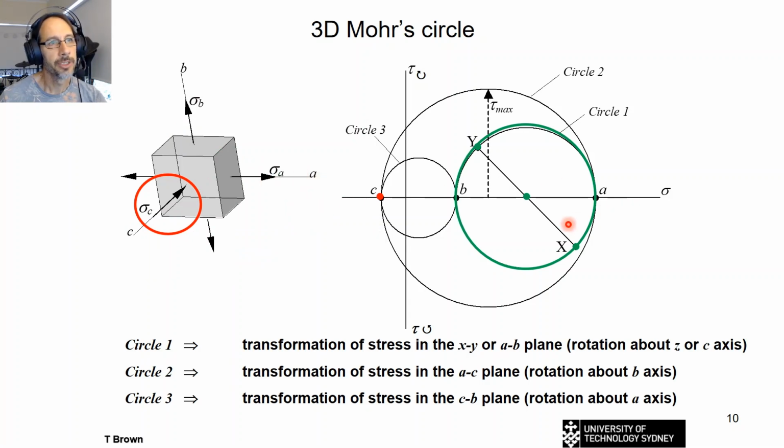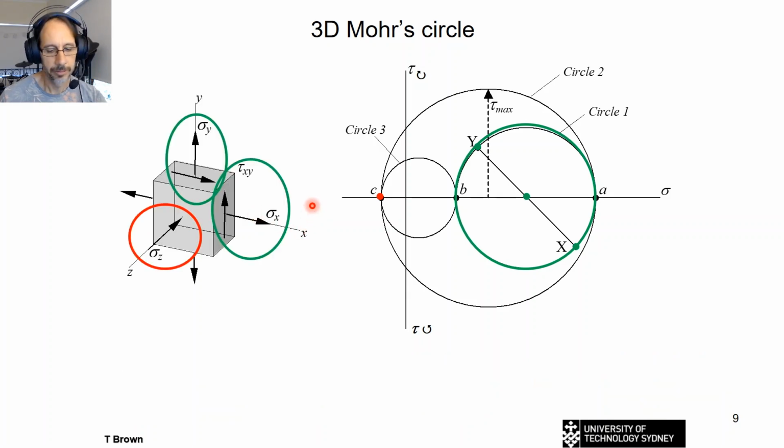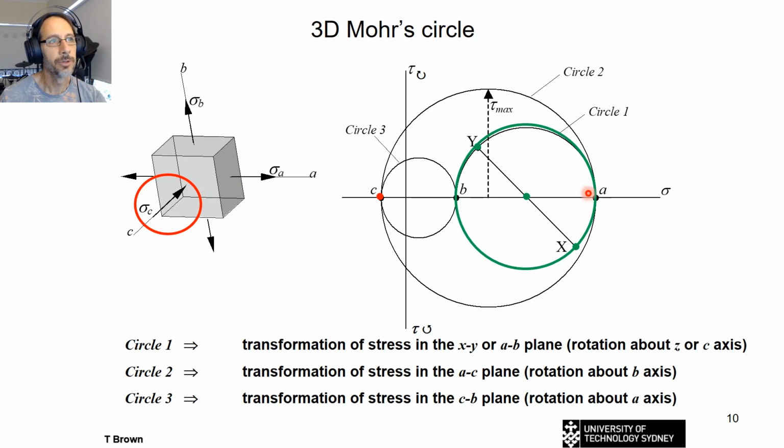We've rotated from the X-axis around to our principal axis anti-clockwise on Mohr's circle, half that angle. So this first circle, circle 1, represents transformation of stress in the XY or the AB plane. AB is coincident with the XY plane. We just rotated the X-axis to the A axis and the Y-axis to the B axis.